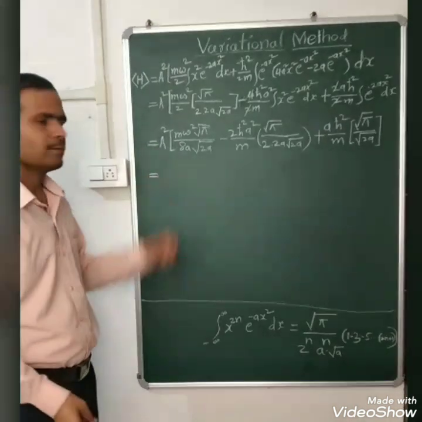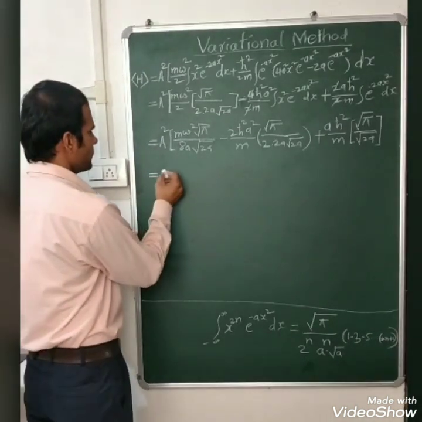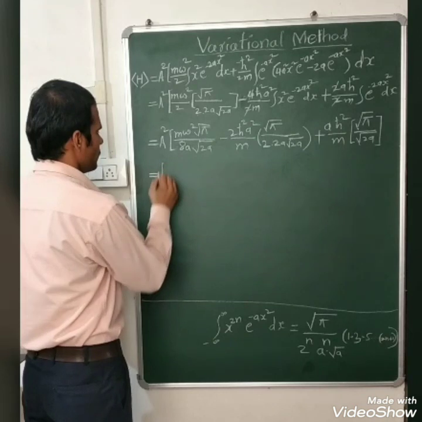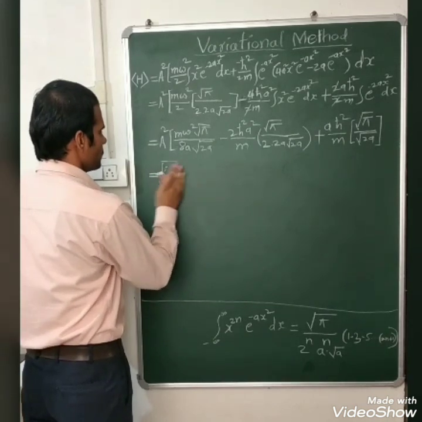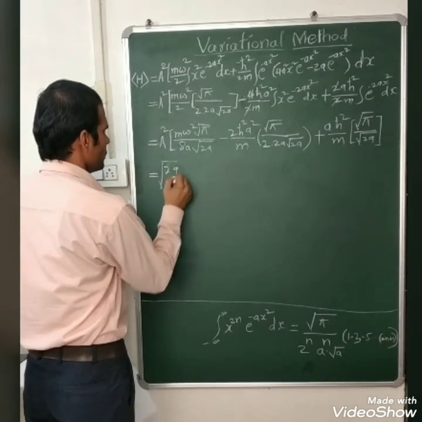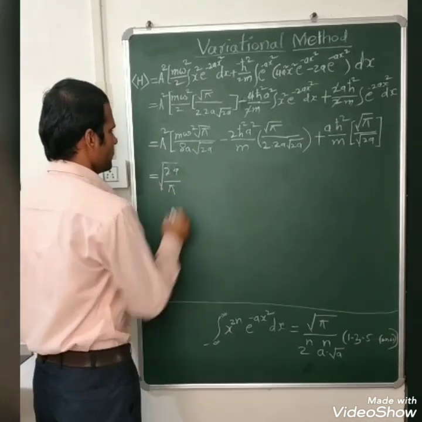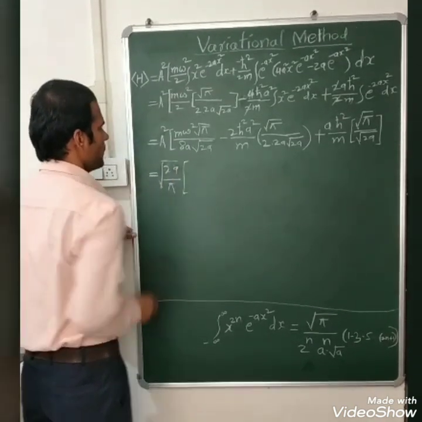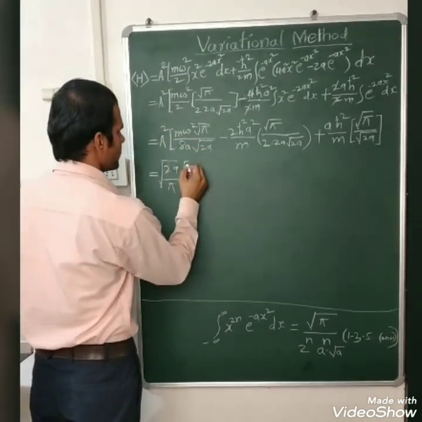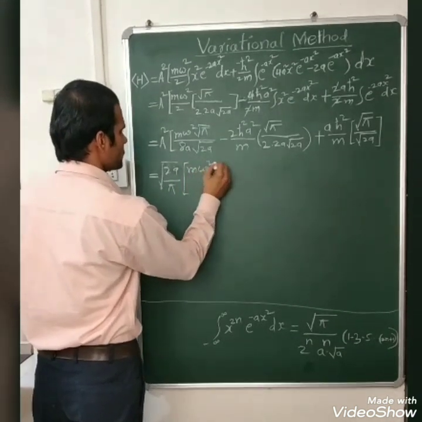Hence the value of a square I can write here directly as square root of 2a by pi, and here again we will write m omega square.